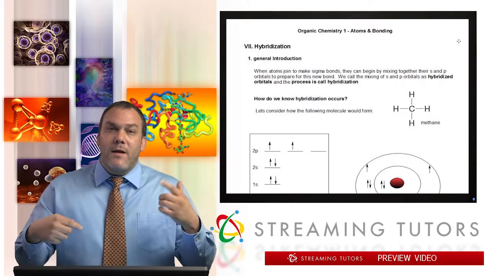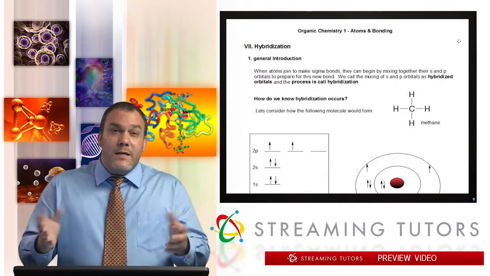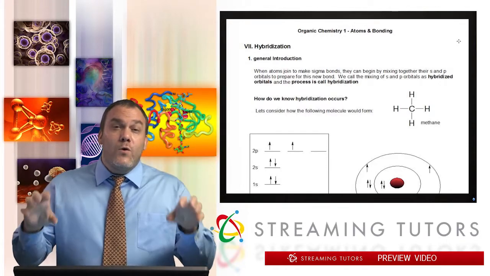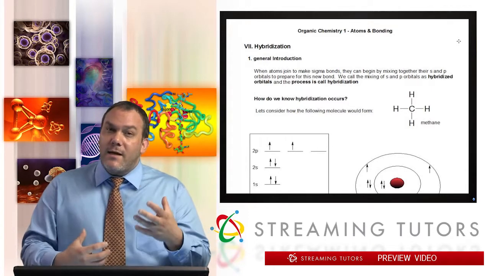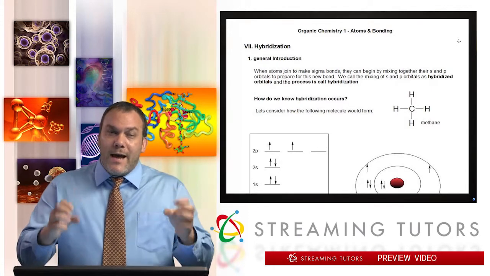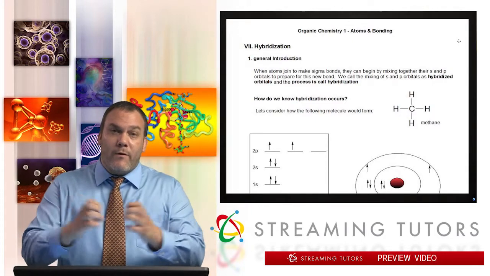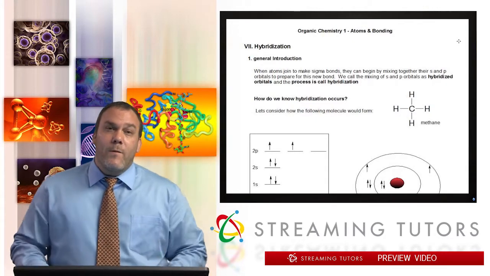When they mix up their s's and p's, or even d's, but in our case we're going to focus on s and p only for organic chem, that is called hybridization. It's the mixing of atomic orbitals getting ready to make molecular orbitals. Okay, and then the molecular orbital that forms is a hybridized orbital at the end.